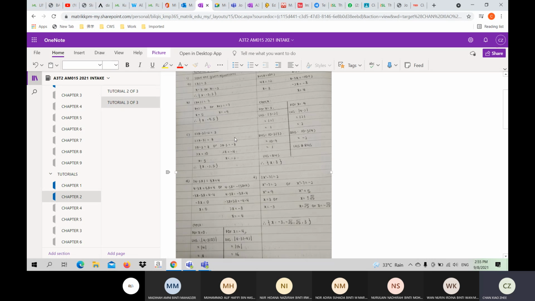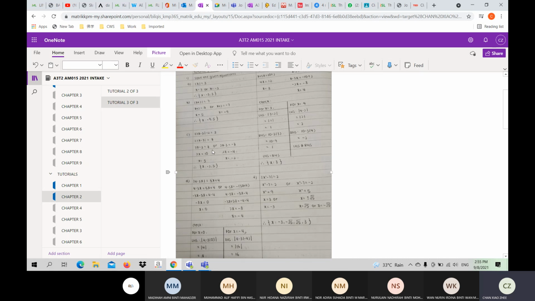C, absolute 2x minus 3 minus 4 equals to 3. Minus 4 pindah ke right hand side jadi positive 4. So 3 plus 4 will be equals to 7 and separate it into two equations. 2x minus 3 equals to 7 or 2x minus 3 equals to negative 7.